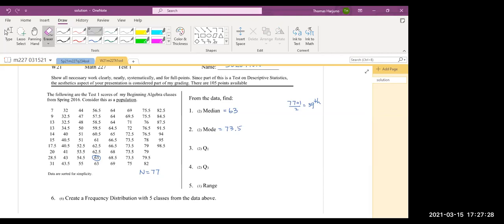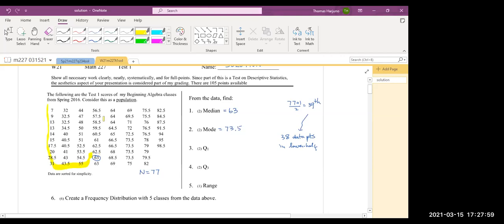Now, how many data in the lower half? Notice that the median is data number 39, so there should be 38 data points in the lower half, and in the upper half also.